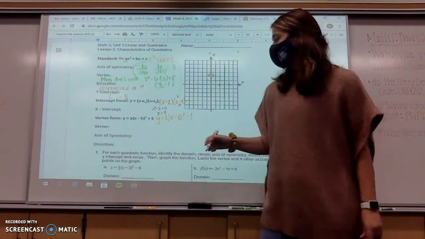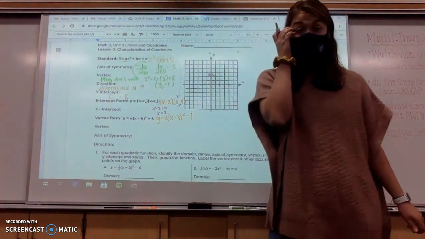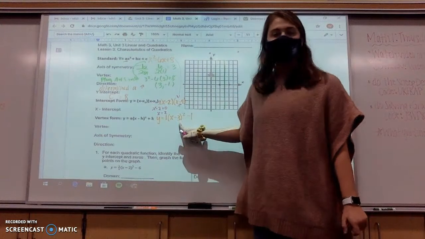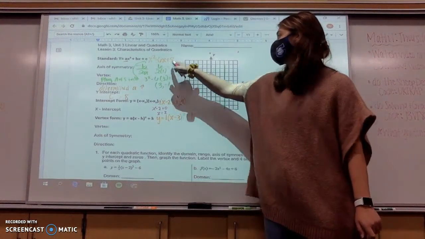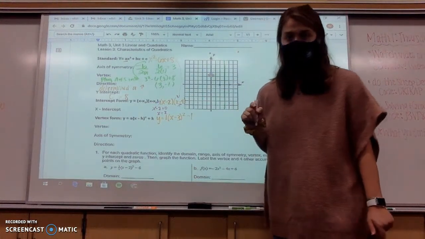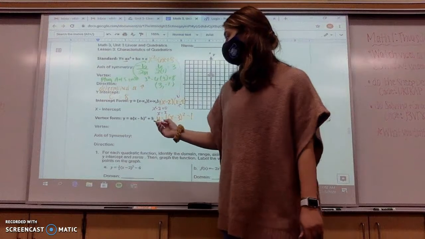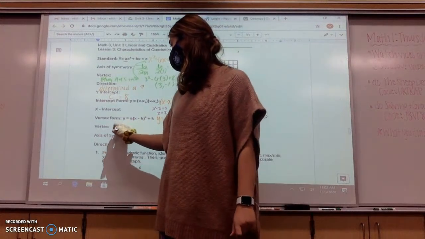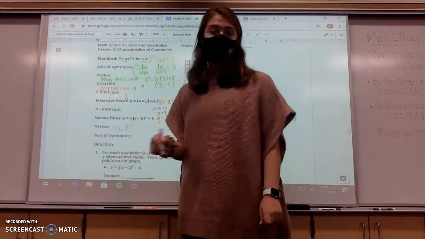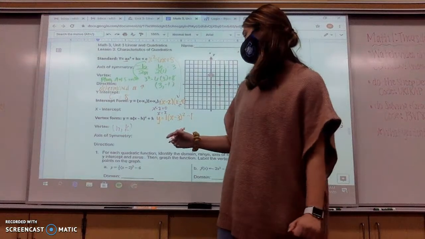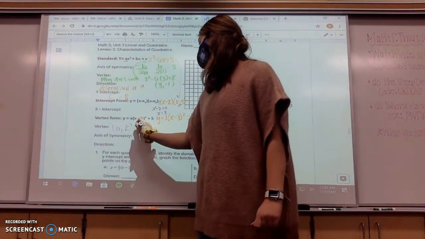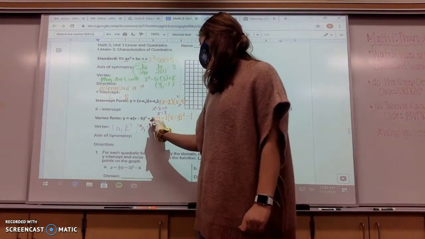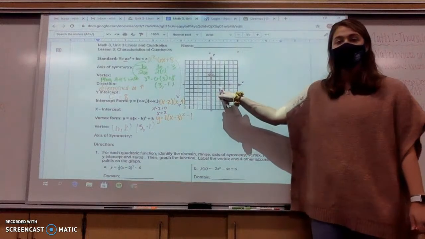Okay? The last thing that we talk about is vertex form. Again, this is the exact same thing as this equation up here. So to find the vertex of this, it's always my h, k, which we talked about last week. We should be familiar with this. So my vertex of this is 3, negative 1, which we've already identified right here.